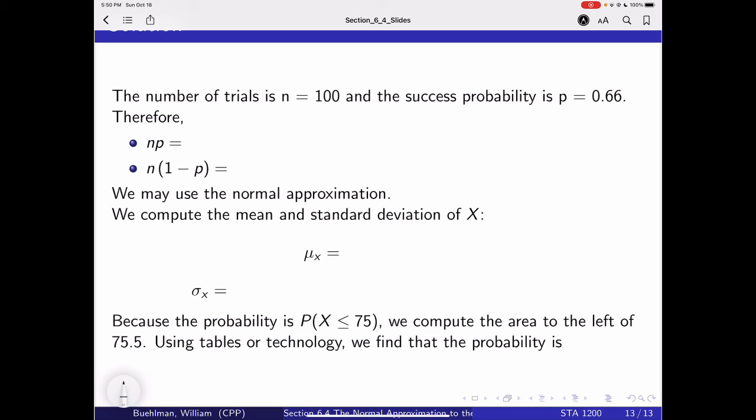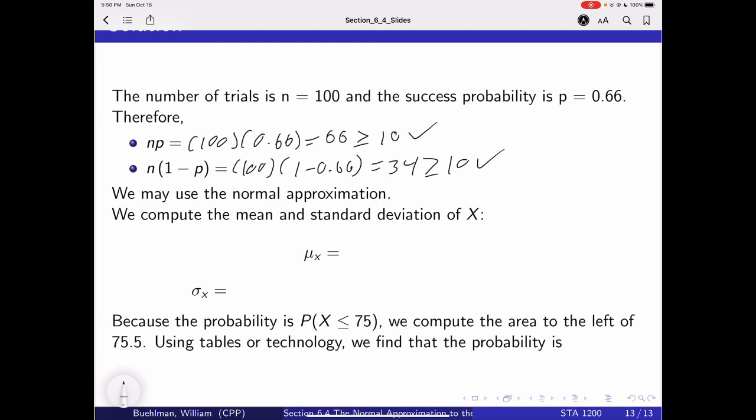We have 100 times 0.66, which gives us 66, which is greater than or equal to 10. That's good. Now we have to check n times 1 minus p. Again, 100 times 1 minus 0.66 gives us 34, which is still greater than or equal to 10. So that checks out, and now we can use this normal approximation.